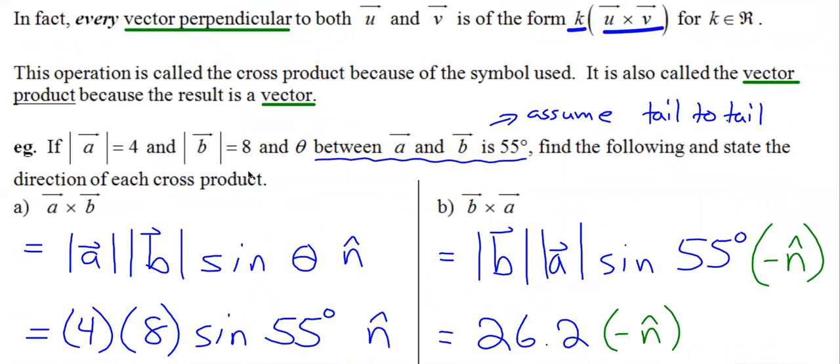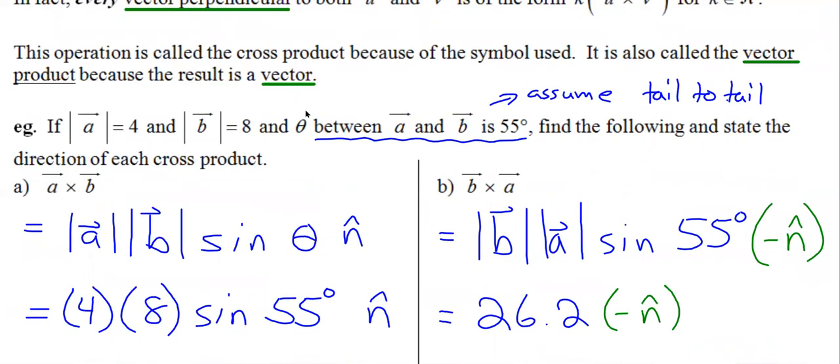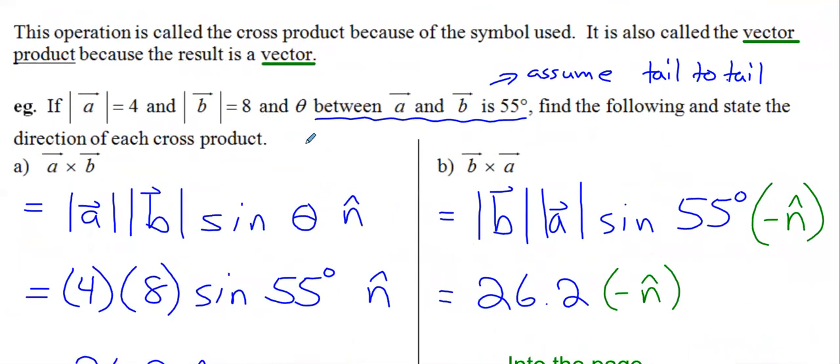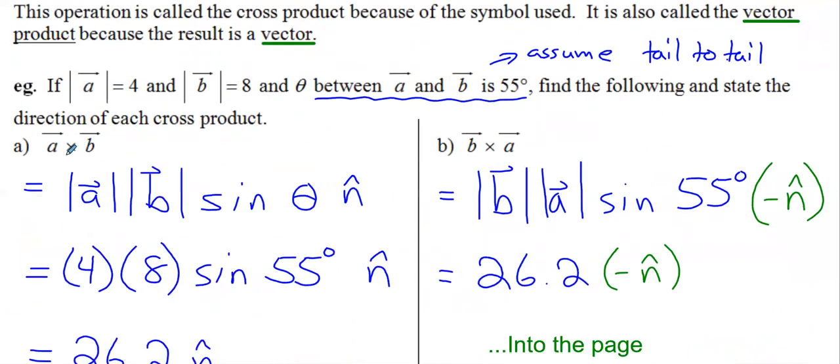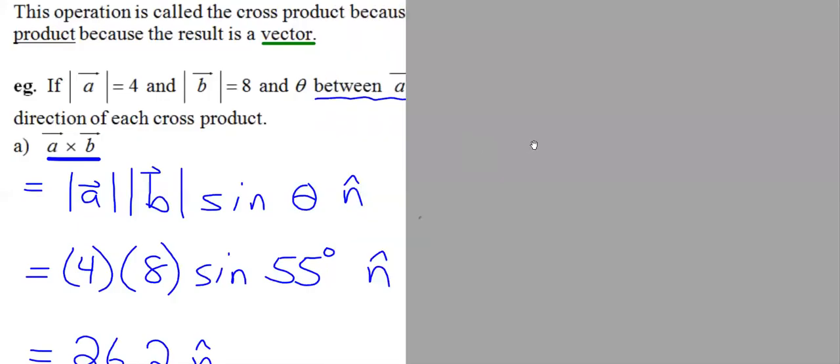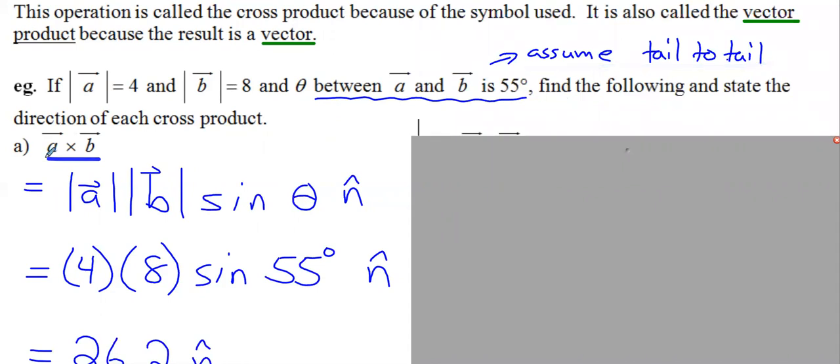Okay, so just to take a look at a little example here. The name of the calculation comes from the symbol. It is not a multiplication, it is a cross product. So here you're given the magnitudes of two vectors and the angle between them is 55 degrees. Even though it's not mentioned, we're going to assume it's tail to tail because you are asked to find the cross product. Now, what you have to realize is this cross product notation requires you to find an answer that is a vector.